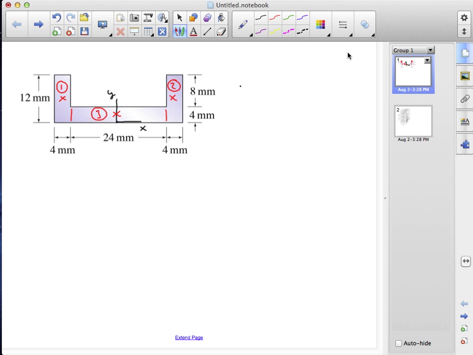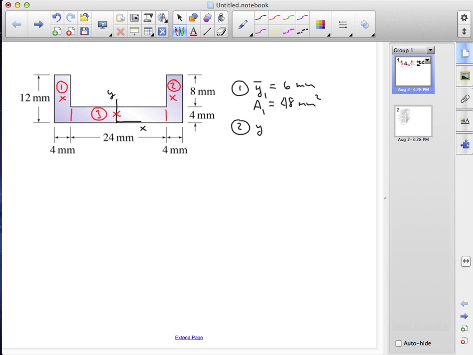For area 1, its centroid is half its height, or 6 millimeters, and the area of 1 is 4 by 12 millimeters, or 48 millimeters squared. Area 2 is going to be very similar.